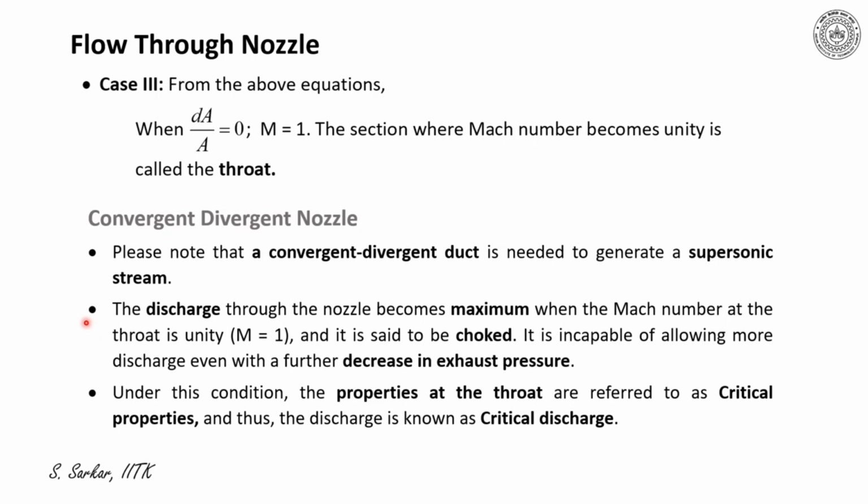And it is said that the nozzle is choked. Under this condition, it is incapable of allowing more discharge even with a further decrease in exhaust pressure. The properties at the throat when the nozzle is choked are referred to as critical properties, and thus the discharge is known as critical discharge.